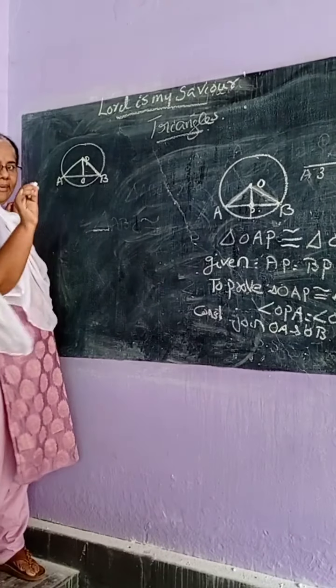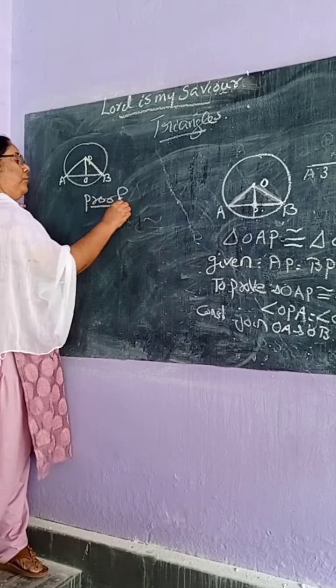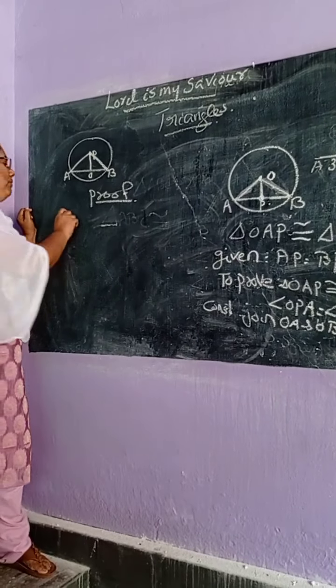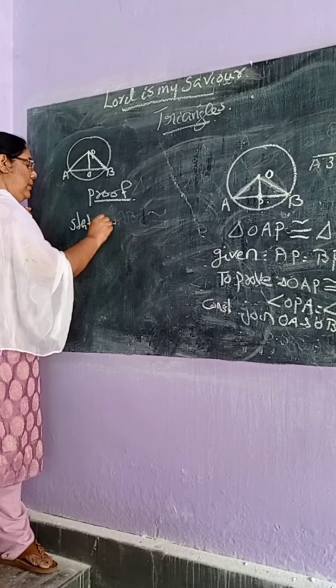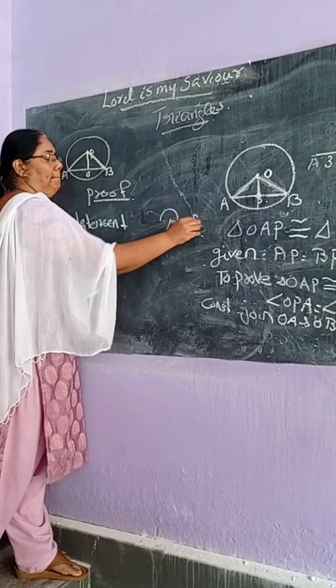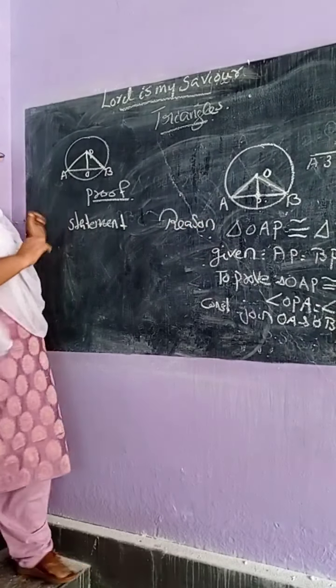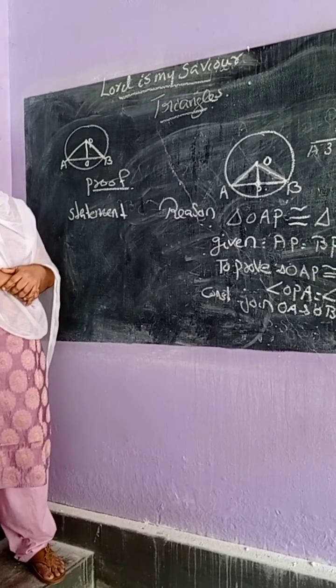That means write the next step, prove. Then on one side write statement and on the other side write reason. Understand?